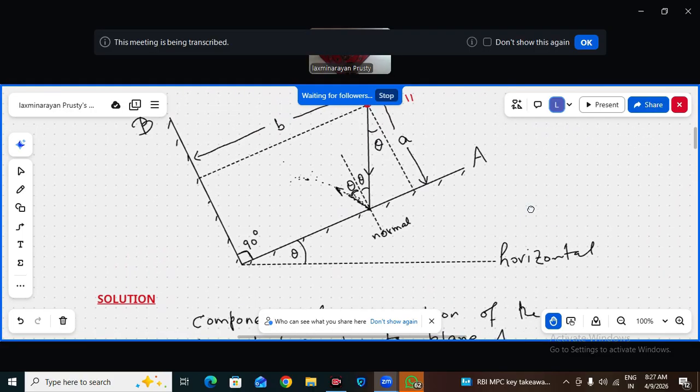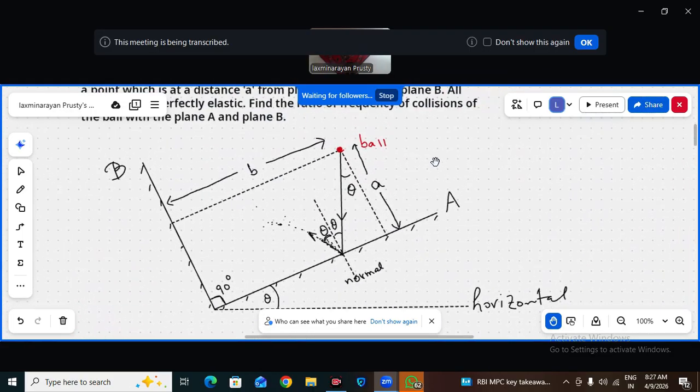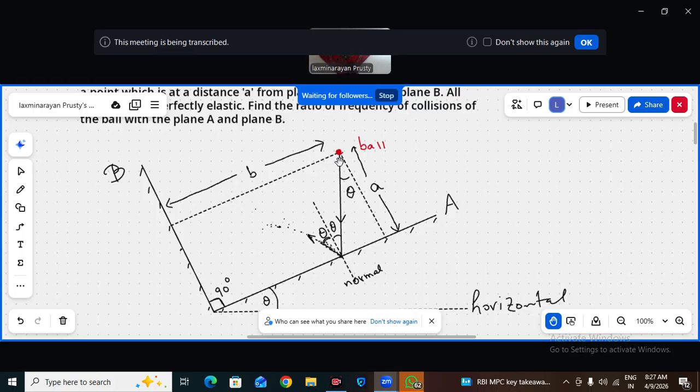If this ball is dropped like this, obviously the acceleration will be g, vertically downward.